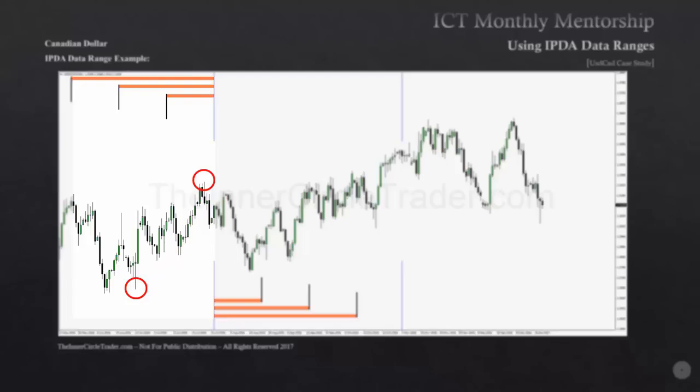Then 40 days out, what's the high and low of that range? And what's the high and low of the range 60 days out from August 1st? When you have that range, 60 days look back and 60 days cast forward, that is open float. You want to find the highest high and the lowest low in between those two reference points in time.